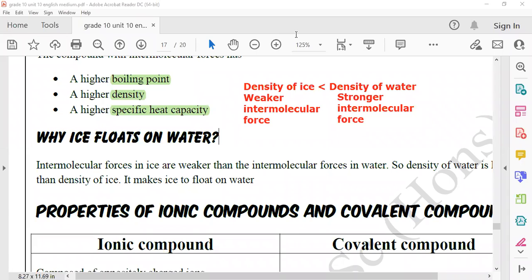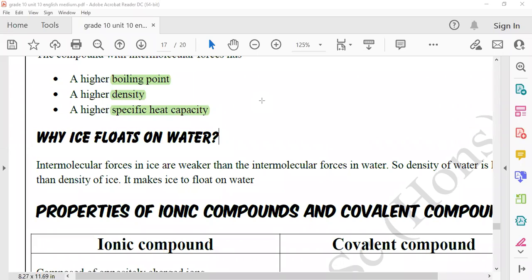Now, in normal water, two water molecules are staying near to each other. When they form a lattice in the ice, the water molecules are placed distantly according to a pattern.